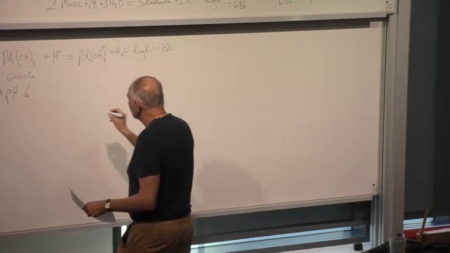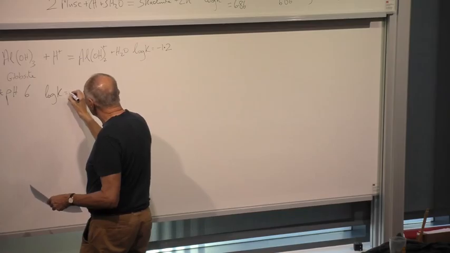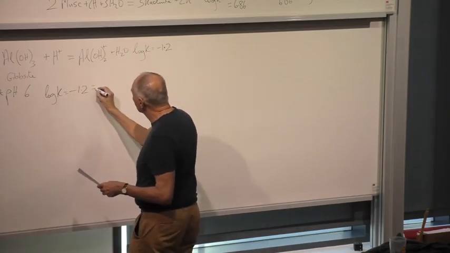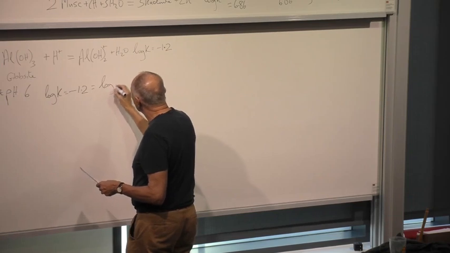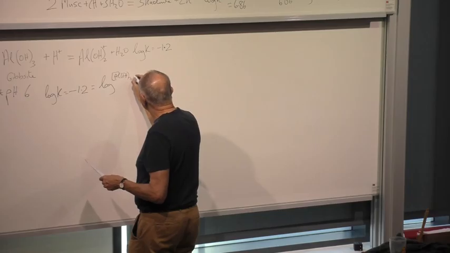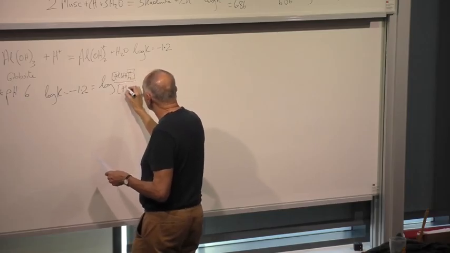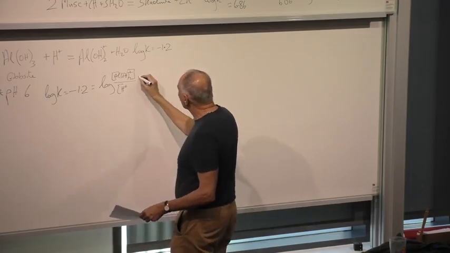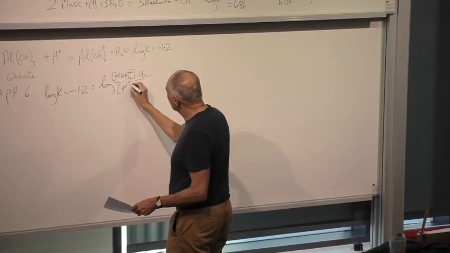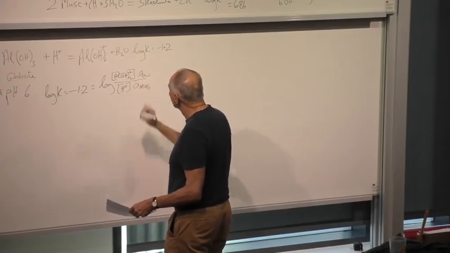And log K equals minus 1.2, and that equals log of AlOH2 plus over H plus, and then we'll have the activity of H2O and the activity of AlOH3 in gibbsite.